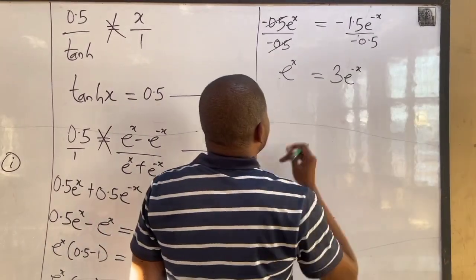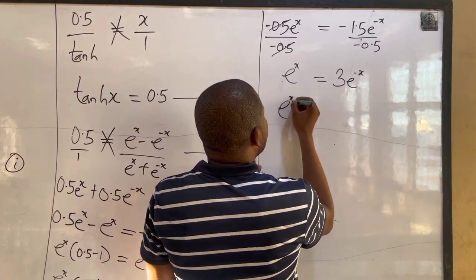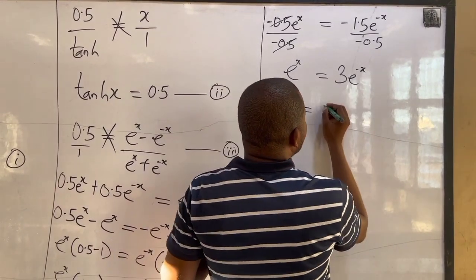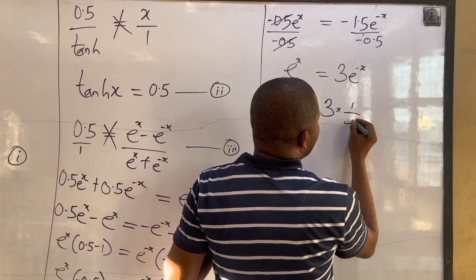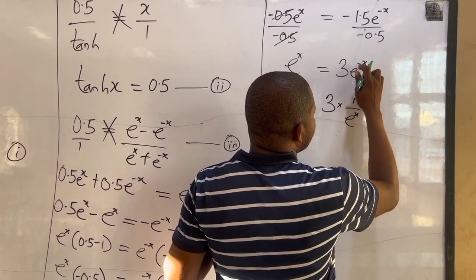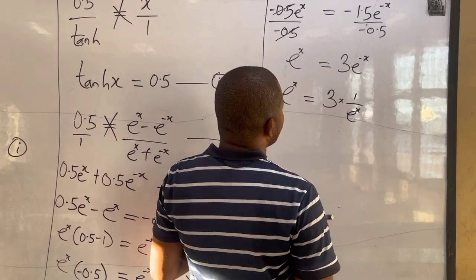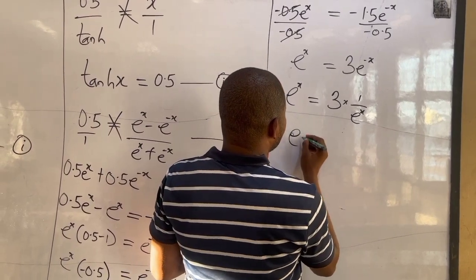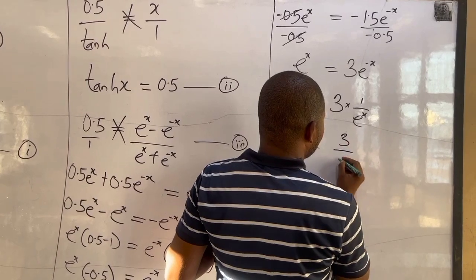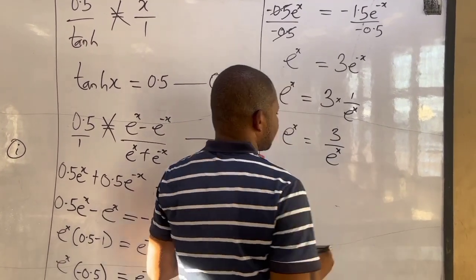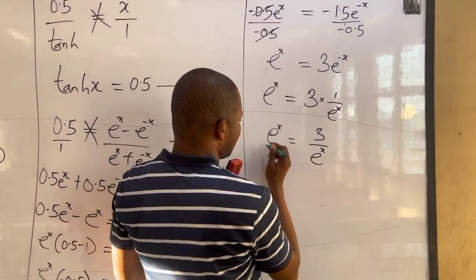So by virtue of that, I have e exponent x is equal to 3 times 1 over e exponent x. This negative is 1 over. So e exponent x is equal to 3 over e exponent x.